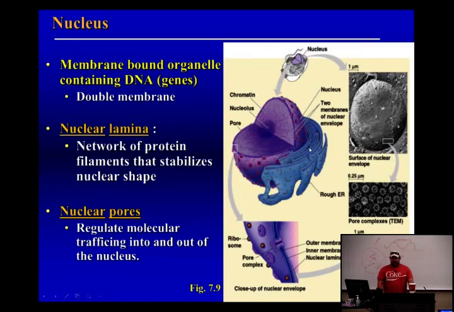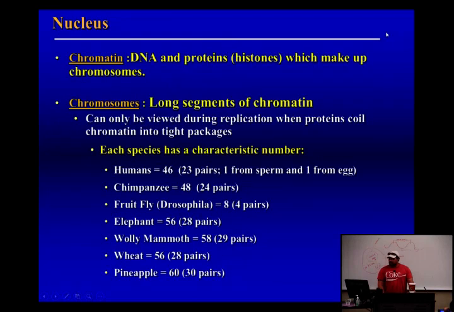So I might ask you, what does the outer membrane of the nucleus share its membrane with? I might ask you, what's the purpose of the nuclear lamina? What's the purpose of the nuclear pores? Yeah, so it regulates stuff that goes in and out. Regulates traffic.